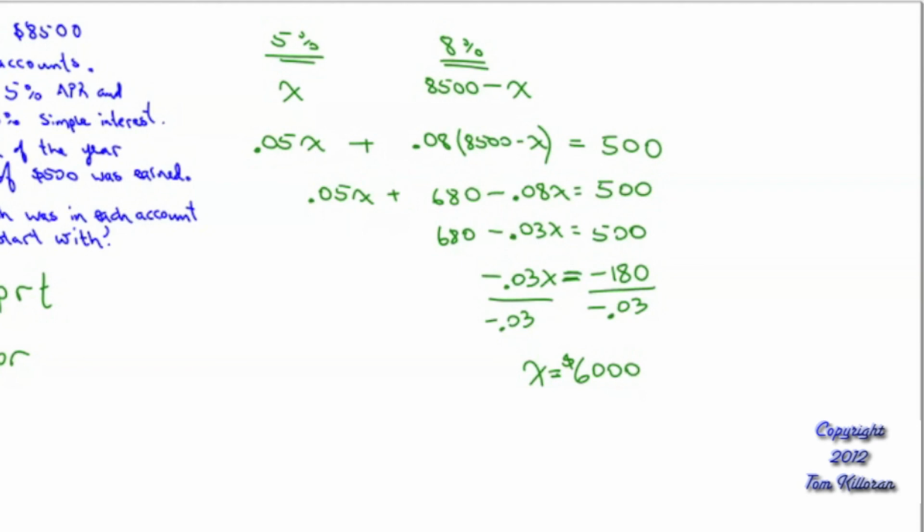It was 6,000 at what percent? 5%. What's that leave for 8%? 2,500. And that's the answer to the question. We put $6,000 at 5% and $2,500 at 8%.